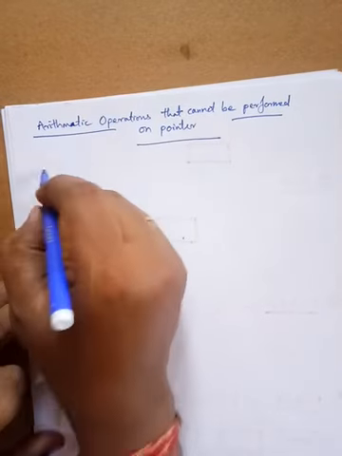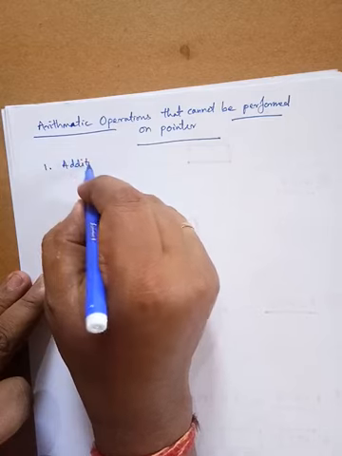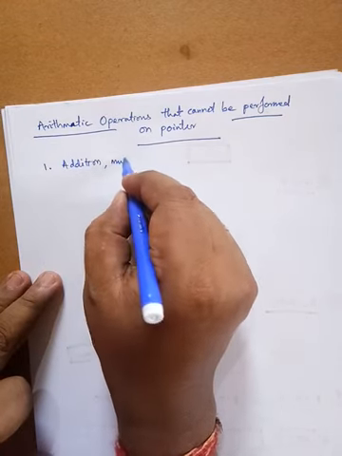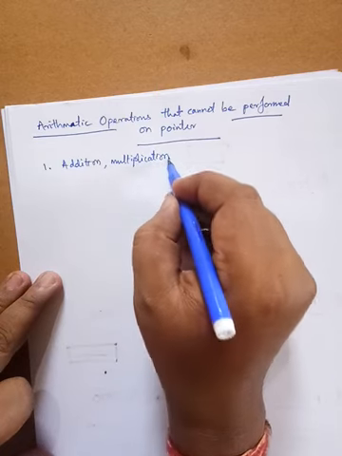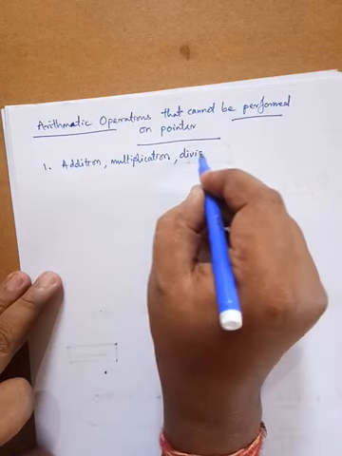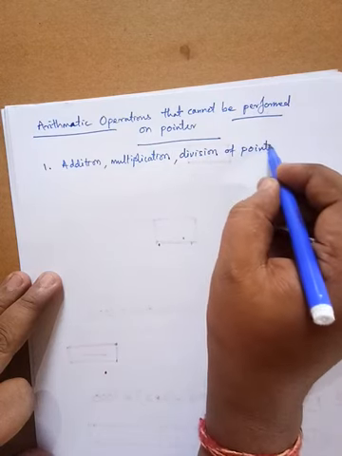So one is addition, multiplication, division of pointers. This is the first one.